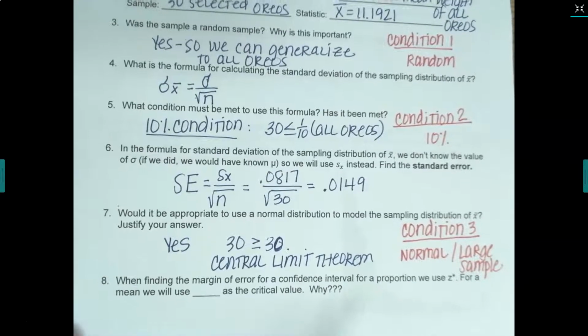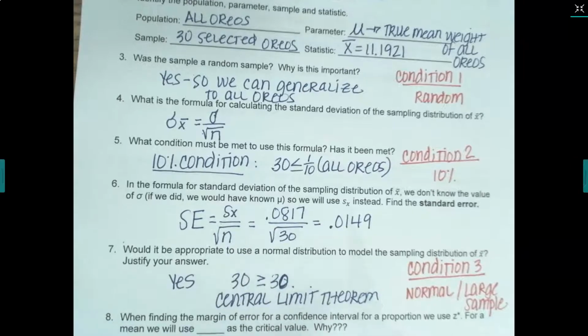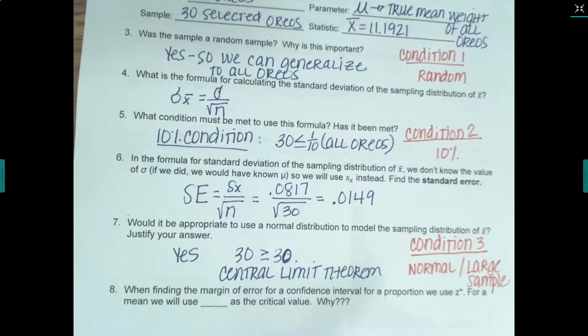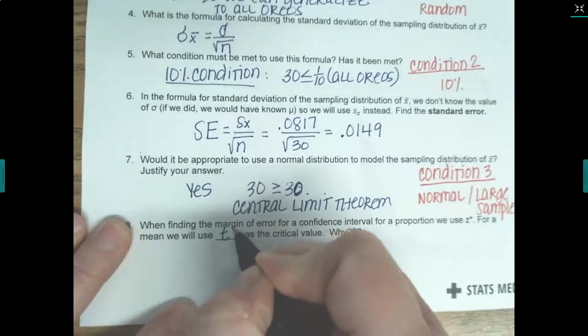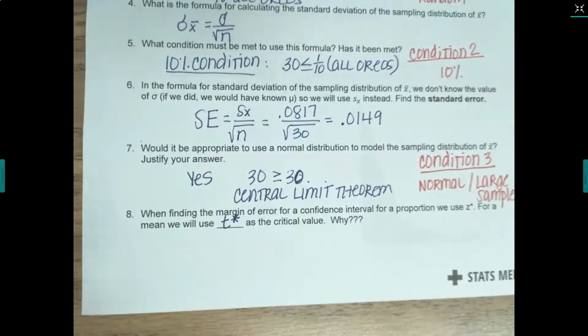We're estimating not only the mean, we're also estimating the standard deviation. So you have a lot more variation going on with your statistics because you're using 2 numbers from a sample. So there's a little bit more error in there. So we're going to use something called T star. Okay, so it's like Z star, but it's a T.